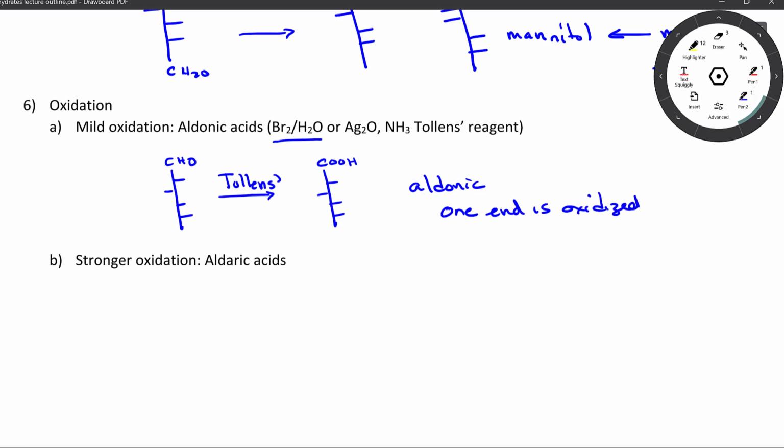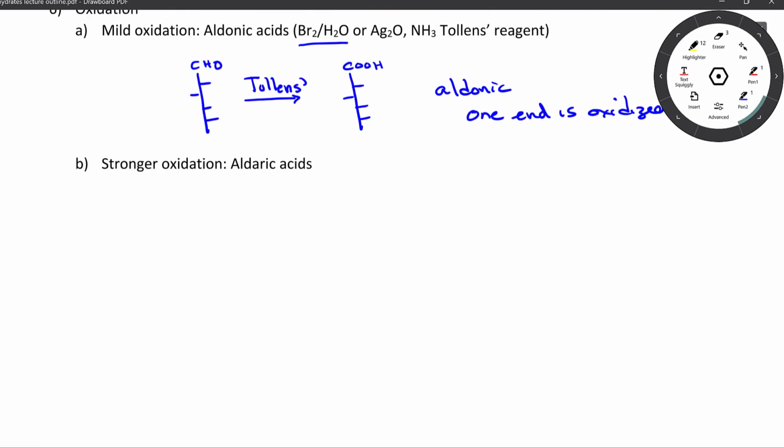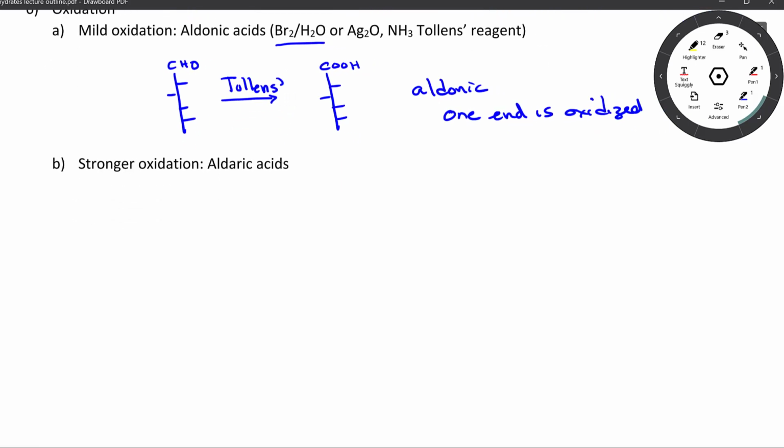In fact, I always used to forget, and when I read Bruce's little thing on it, I'm like, yeah, of course that makes sense. And then there's the aldaric acids. To form an aldaric acid, you start with something like glucose again, but any of the aldoses.